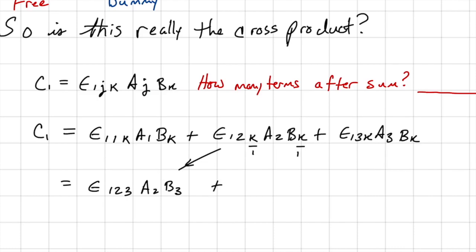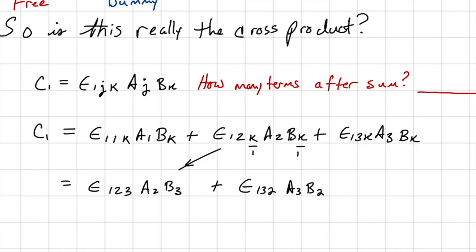And now I'll do the sum on this term. In the same way, when I do k equals 1, I'm going to have a repeated index here, so that's going to give me none. When I do k equals 2, that'll give me something, so great: epsilon 1, 3, 2, a3, b2. And then when I put in 3, that's repeated, so that's going to give me none again.